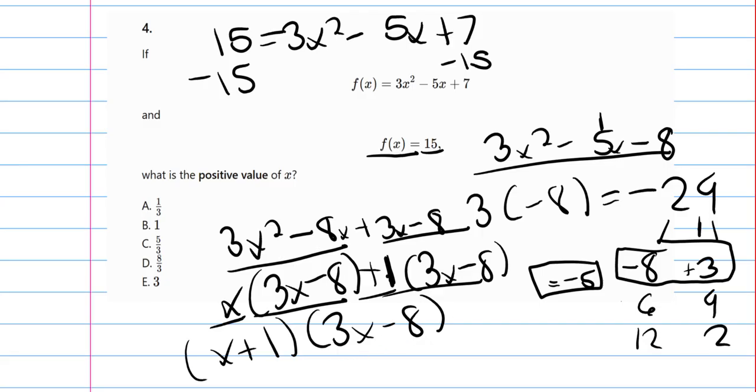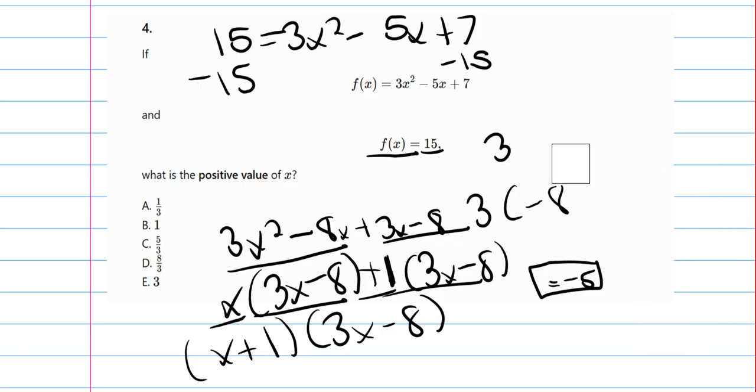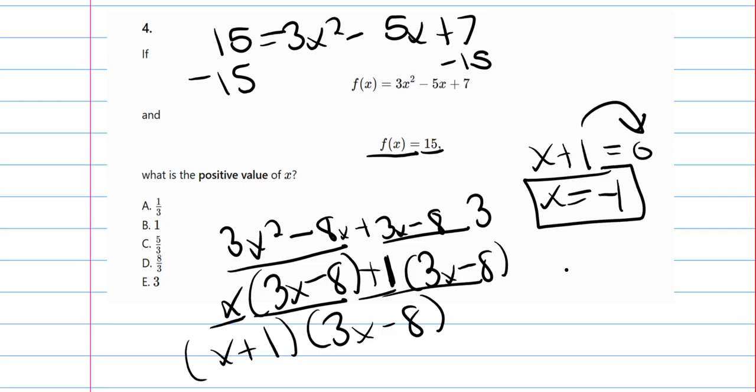So like what we did earlier, we need to change the sign of the binomials. So x plus 1 is equal to 0. So x, we just need to put it on the other side. That would be negative 1. X is equal to negative 1.